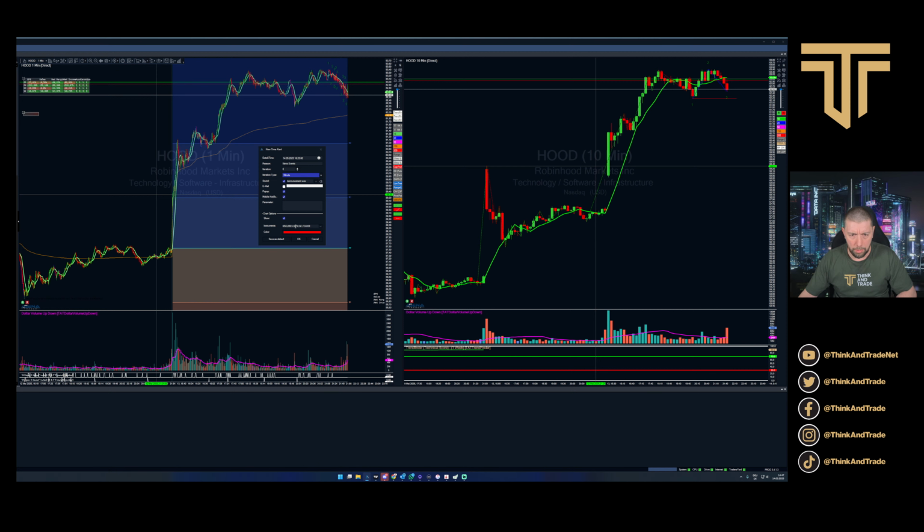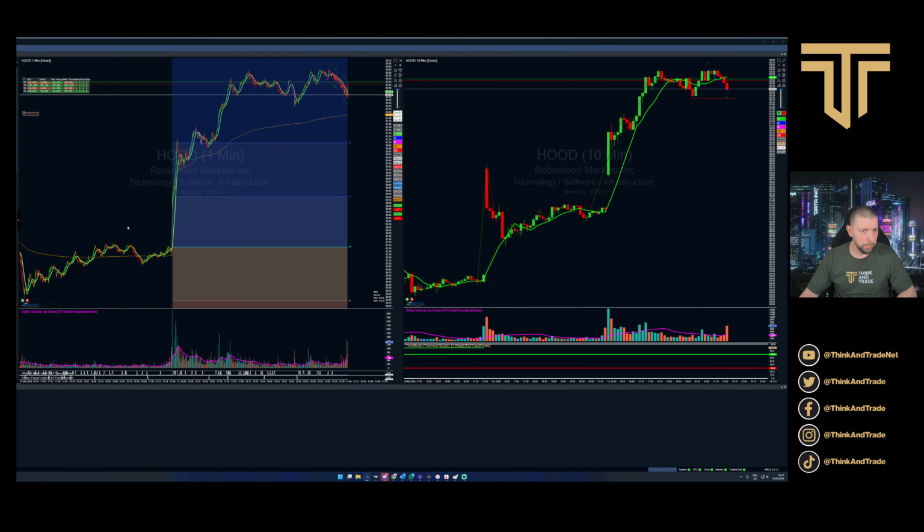And I want to show this on some instruments so I can also see it in the chart. For example, if I add HOOD to it, it will show me this on the chart later.